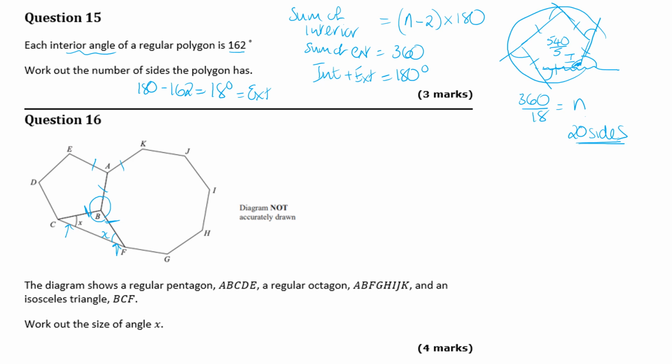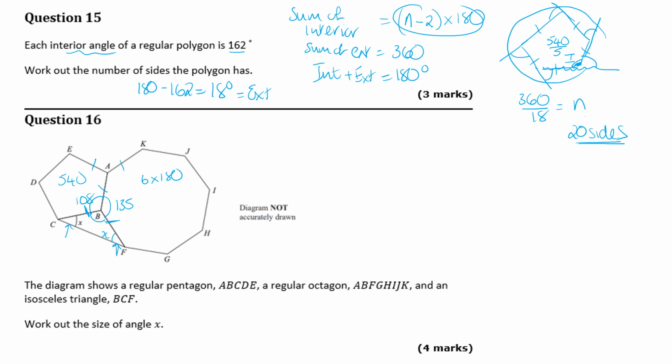The sum of the interior angles in a pentagon comes to 540, and 540 divided by 5 gives me that angle there is 108. The sum of the interior angles in an octagon is going to be 6 times 180, because we need to do this formula, n minus 2, so 8 minus 2 is 6. 6 times 180 is 1080, divided by 8 to find what one of them is, that's 135.